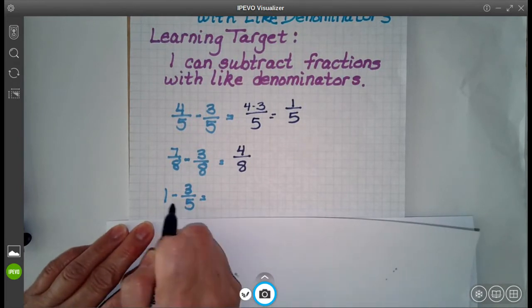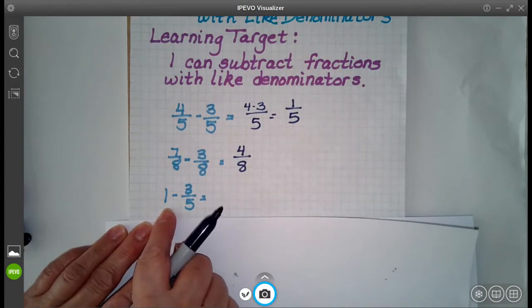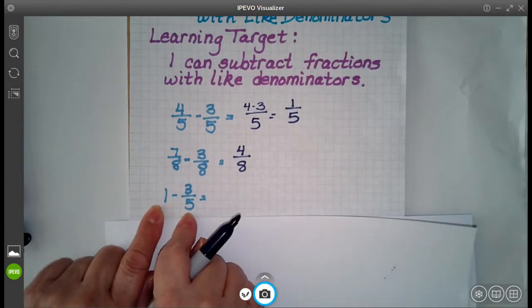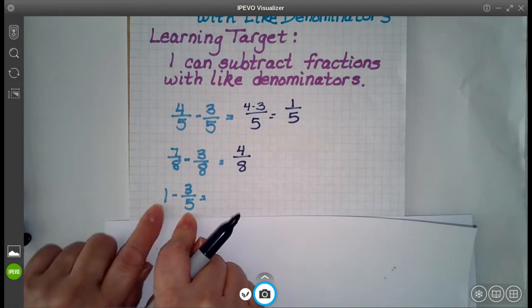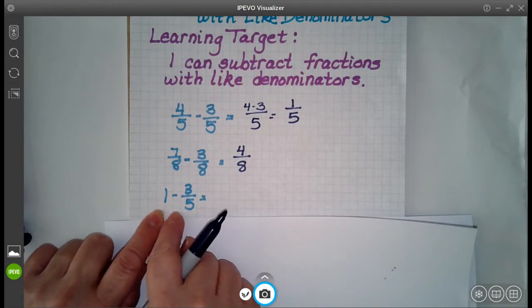So 1 minus 3/5. In this case, we need to convert or change the 1 whole into a fraction. Well, this is how I'm going to do it. Let's take a look. We have been subtracting fractions with like denominators. So we need to make sure when we convert the 1 whole into a fraction that the denominator is 5.